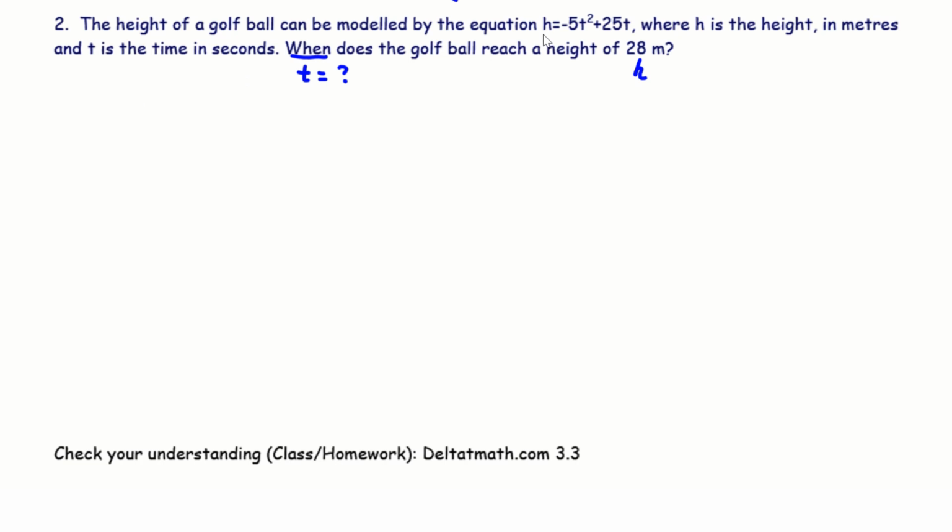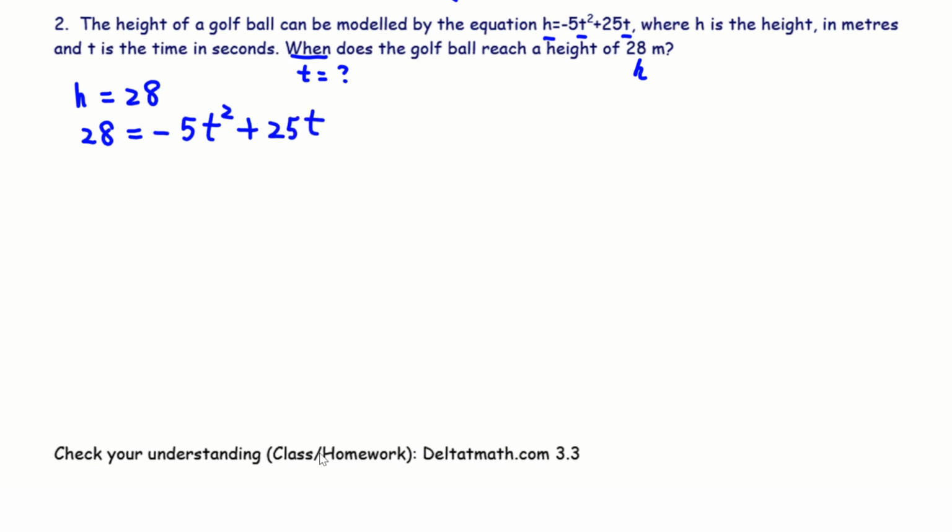In this equation, we have two variables. In one equation with two variables, we don't know how to solve it. So if you want to find t, then h needs to be given. So h equals 28. Then we sub in 28 to the equation. Then we have 28 equals negative 5t squared plus 25t.